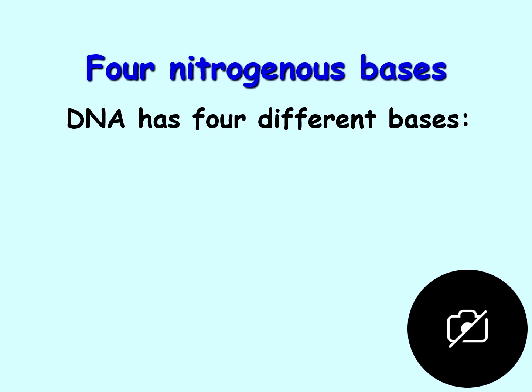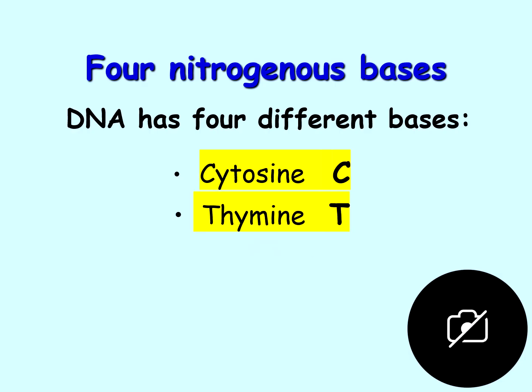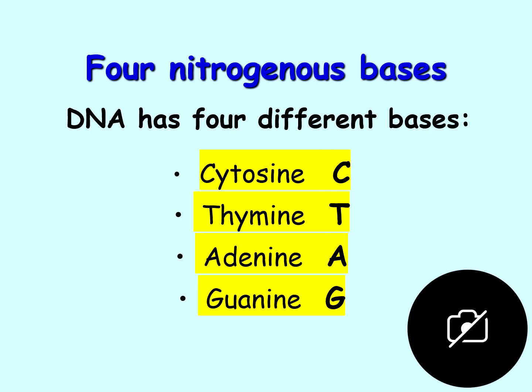So in the middle, there are four nitrogenous bases. The first one is called cytosine, and it is usually found with the letter C. The next base is thymine, and it's abbreviated with the T. The third base is adenine, and its abbreviation is an A. And the last base is guanine, and its abbreviation is a G. So these are the four bases that make up your DNA: A, T, C, and G. Together, these four bases code for all of your information.